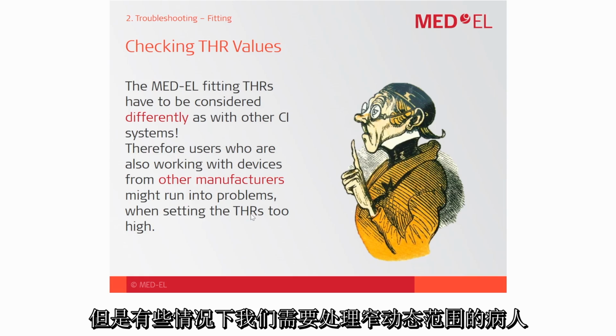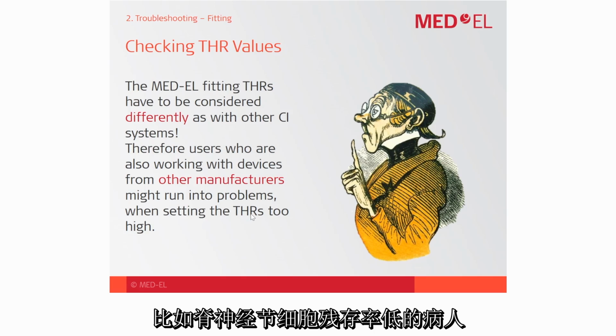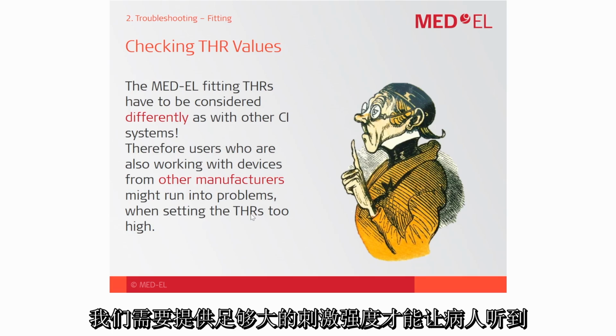However, in some cases you could be confronted with a narrow dynamic range. For example, if the spiral ganglion survival rate is low and you need a higher stimulation intensity to create sufficient auditory loudness perception for the patient.